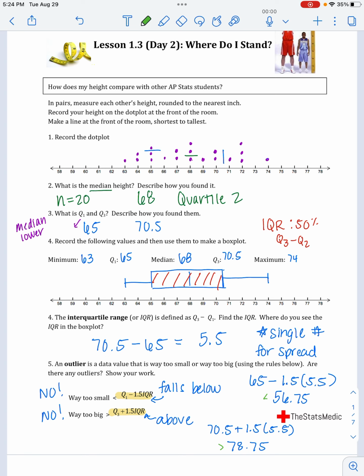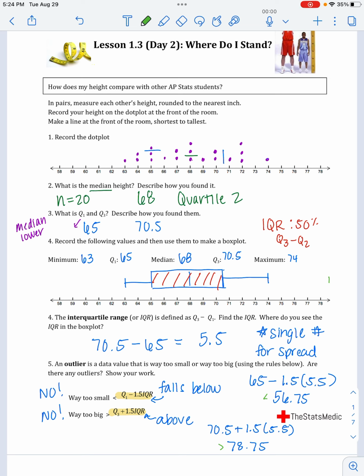So if you have outliers, what you're going to do is actually draw little asterisks on your box plot, and your whiskers will not touch outliers. For instance, let's pretend I added in data point 79.